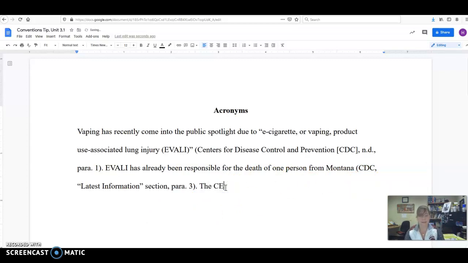For instance, like the CDC recommends, well, actually, we're citing in the same paragraph, so we don't need the date again. The CDC recommends everybody give up vaping right away. Okay, again, no square brackets. We're not spelling out Centers for Disease Control and Prevention, nothing.